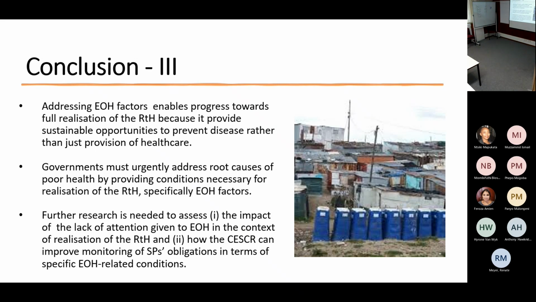That means if we can see more in the reports, in future research, on the right to health beyond healthcare, with occupational health conditions and environmental health conditions being mentioned fully, that is what we would like to investigate and see.